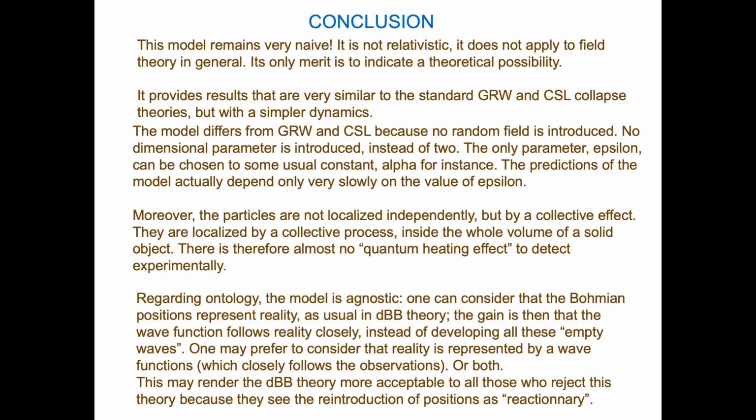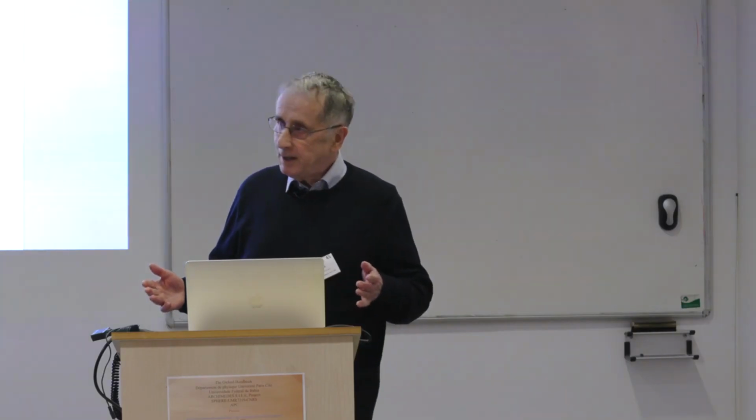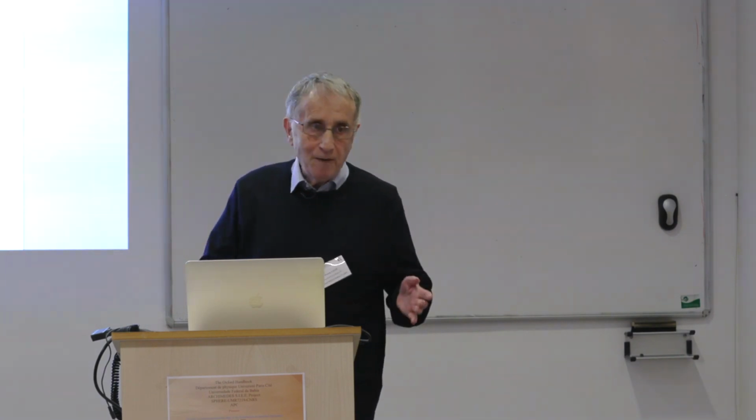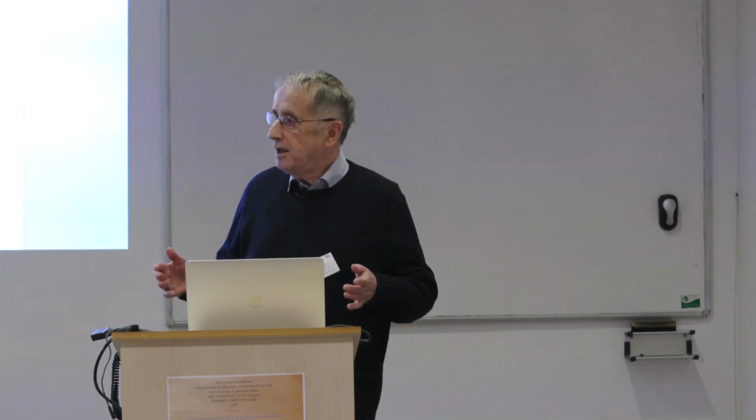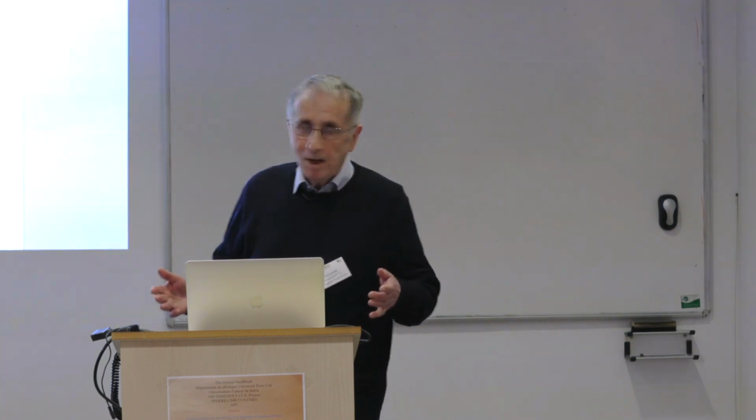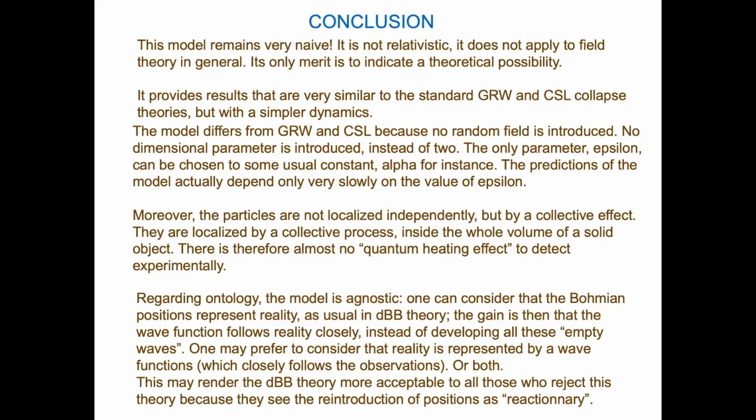So the only merit of this kind of model, I think, is not to say that I have discovered what happens in physics. It's just to show it's possible to do such things. It doesn't contradict any known fact, and there is no impossibility theorem forbidding this kind of theory. So as I said, the particles are not localized independently, but by a collective effect, which is a big difference with the standard GRW and CSL collapse theories.